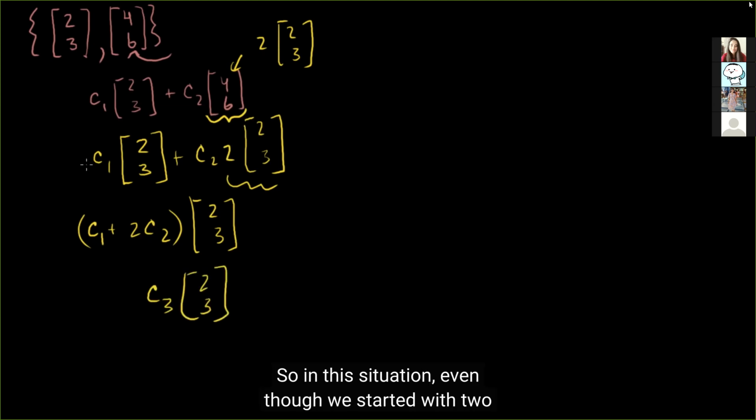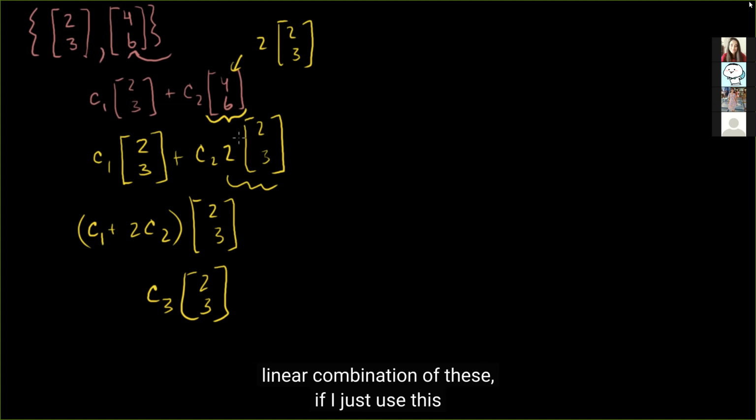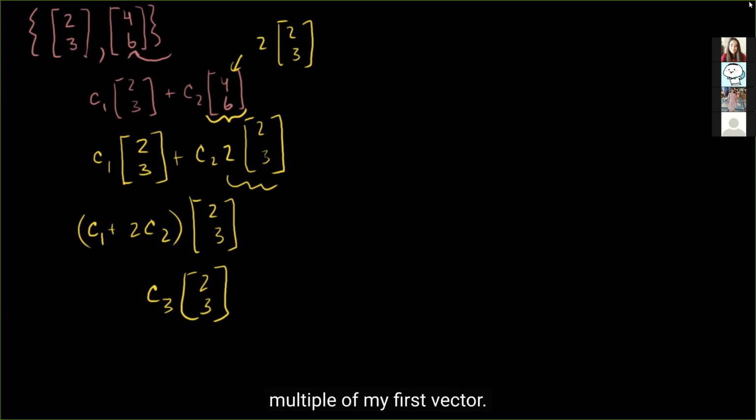So in this situation, even though we started with 2 vectors, and the span of these 2 vectors is all of the vectors that can be constructed with some linear combination of these, any linear combination of these, if I just use this substitution right here, can be reduced to just a scalar multiple of my first vector.